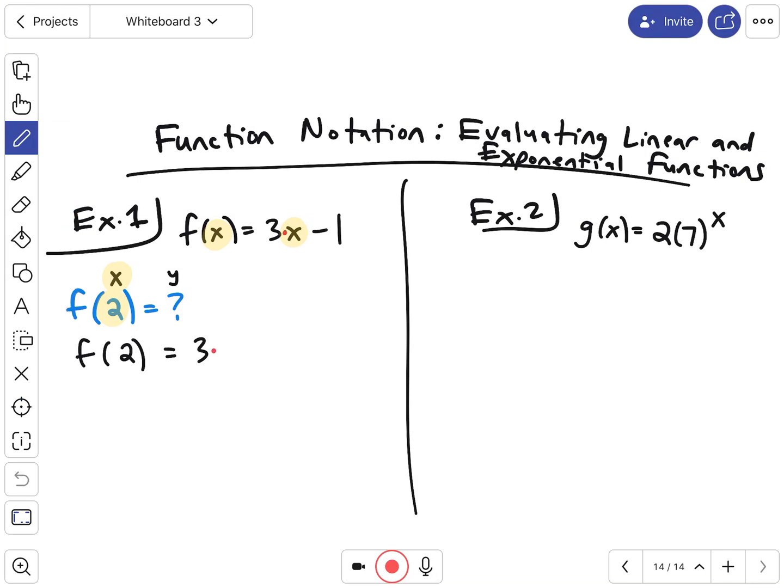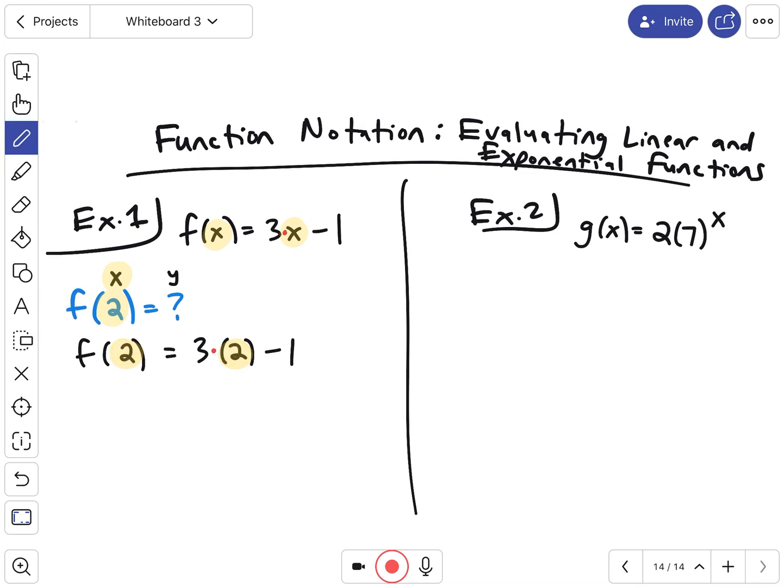So I'm going to put multiplying here as well. And usually, you can put in parentheses as well. But that value is x, so I'm going to put a 2 and then minus 1. So notice that each of these terms gets carried down, except for instead of x, I'm writing a 2. Okay.